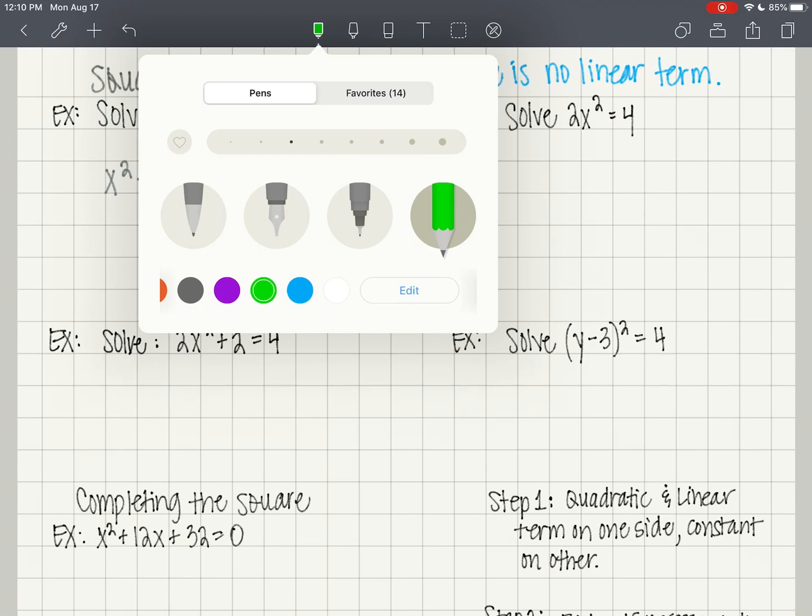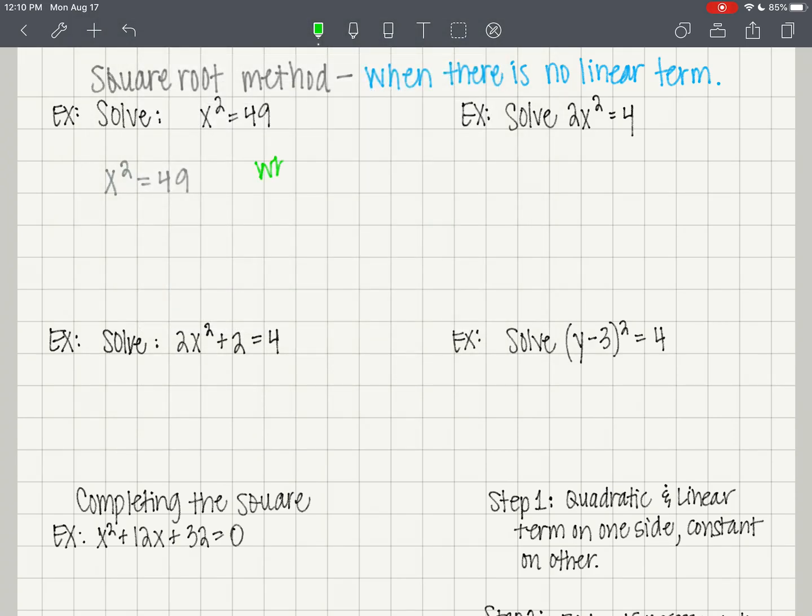So whenever I'm square rooting both sides with a variable, we must do plus or minus.